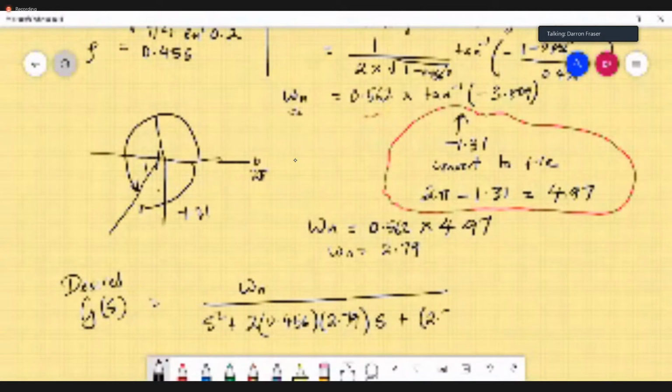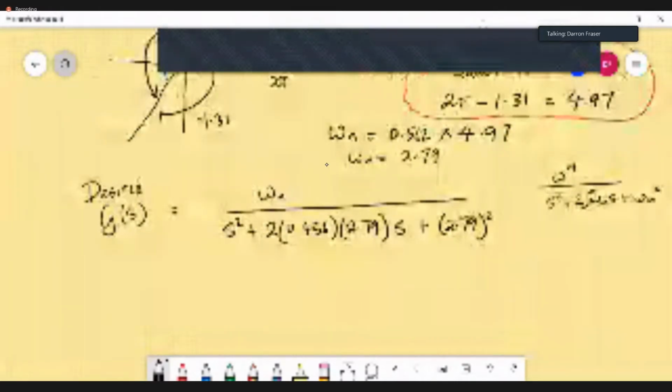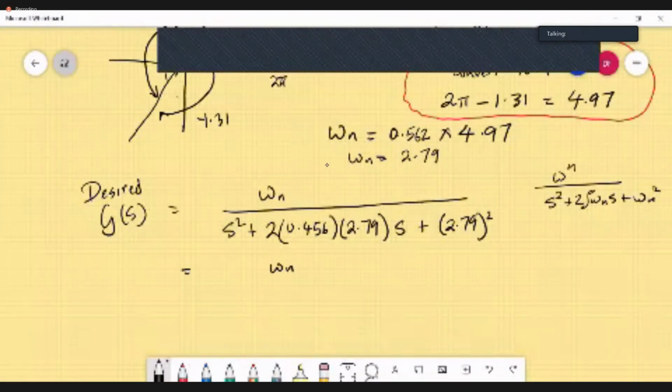That's omega n over s squared plus 2 zeta omega n s plus omega n squared.